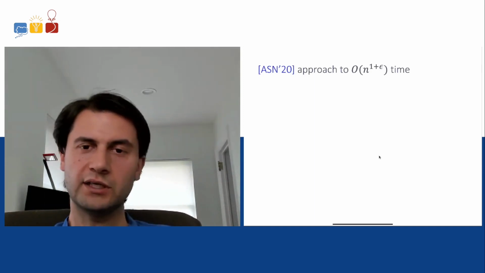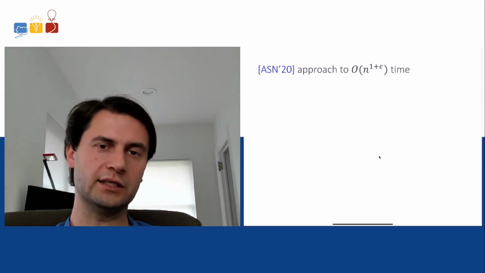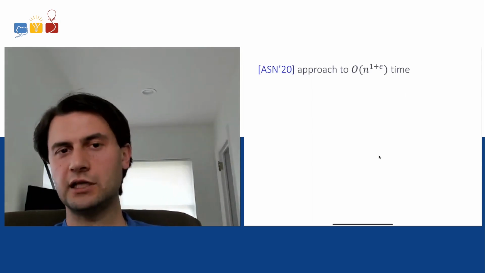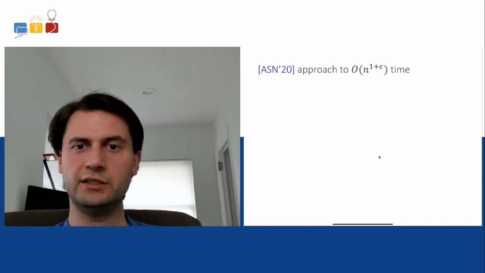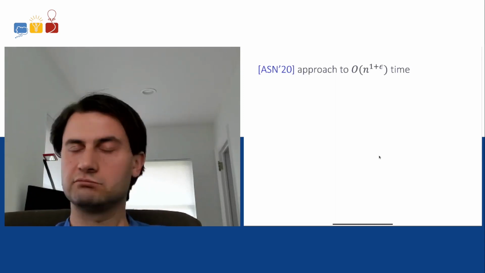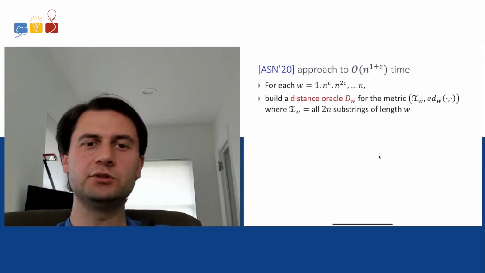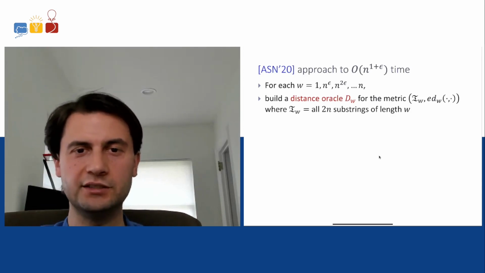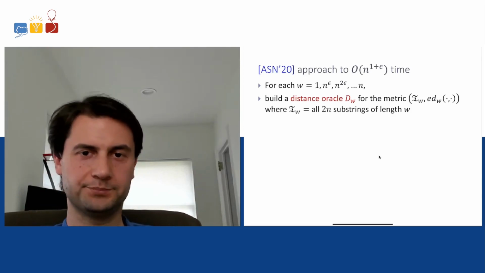There are a few differences that I'll highlight, but I won't go into the detail of this algorithm because it is much, much more complicated. Let me just say a few ideas that are different from the approach I mentioned so far.